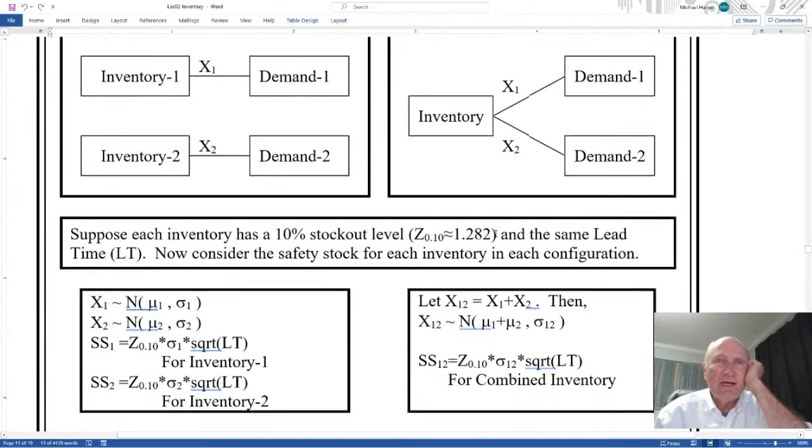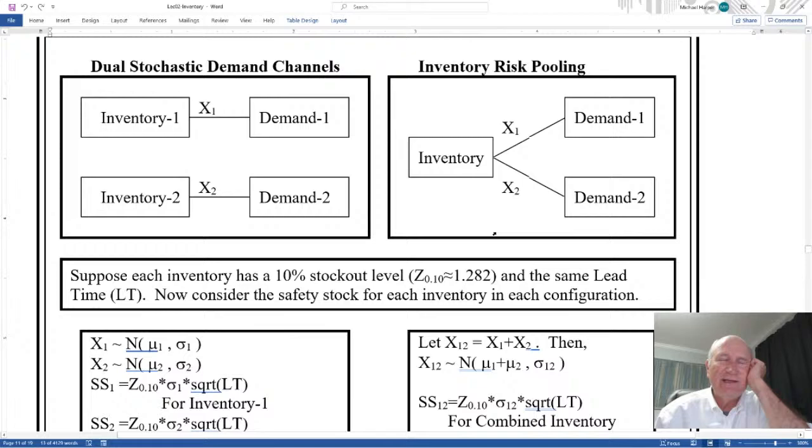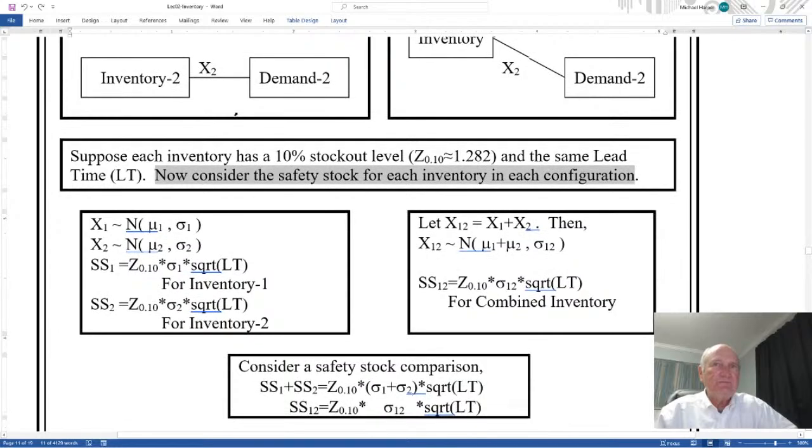Okay, so what I'm doing down here is illustrating the analytics. Here we go. Suppose each inventory period has a 10% stockout level. Of course, Z then is this. And the same lead time. The lead time is the same for both, to keep it simple. Now consider the safety stock for each inventory in each configuration. For this configuration, each of these are done separately.